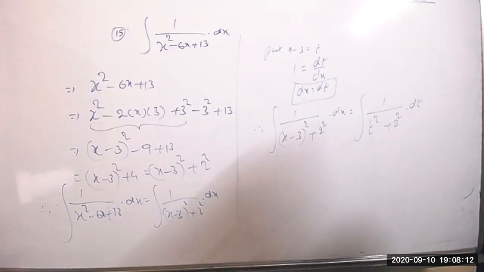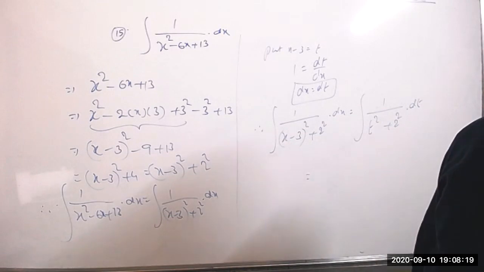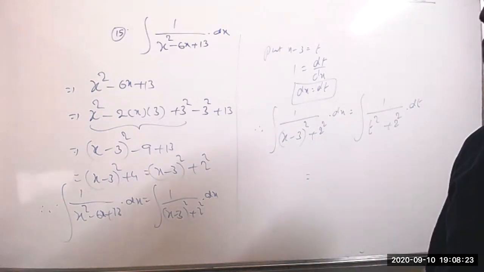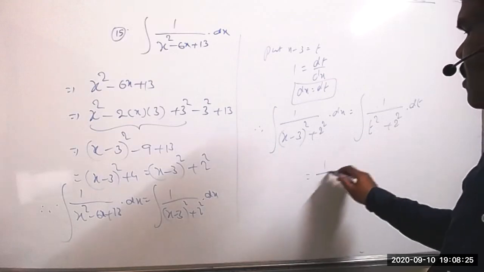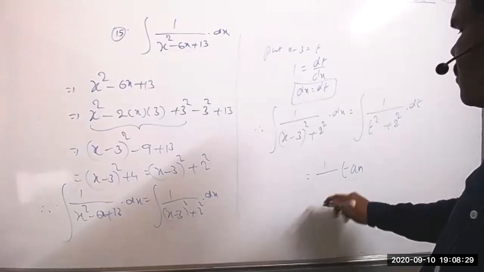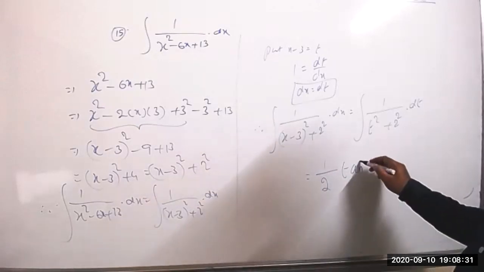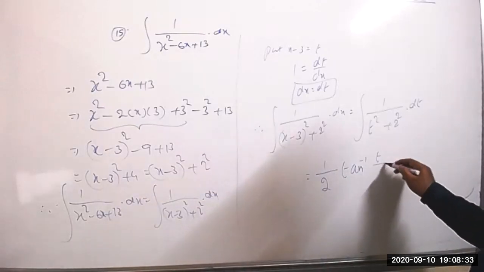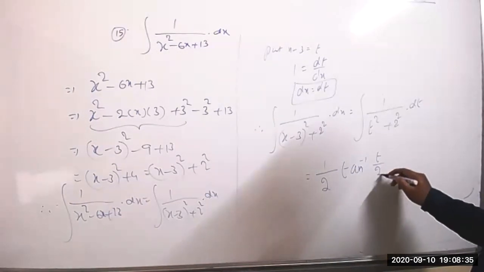It is in the form of x square plus a square. So what is the formula? Integration of 1 by x square plus a square is 1 by a into tan inverse of x by a plus c. Here 1 by a equals 1 by 2, and x by a is t by 2.